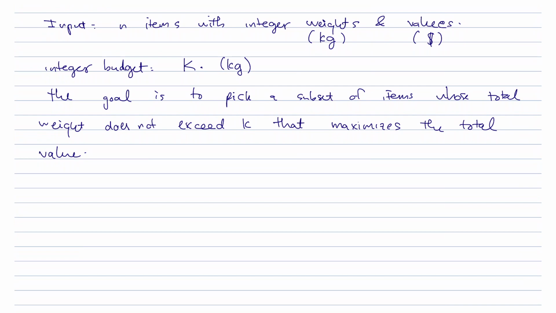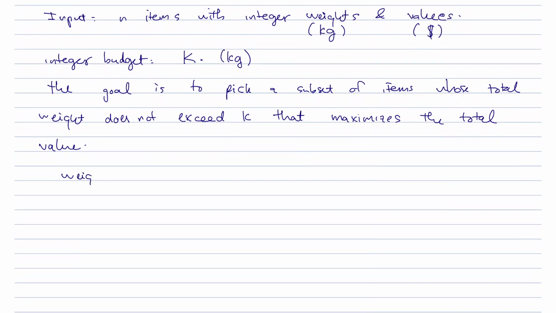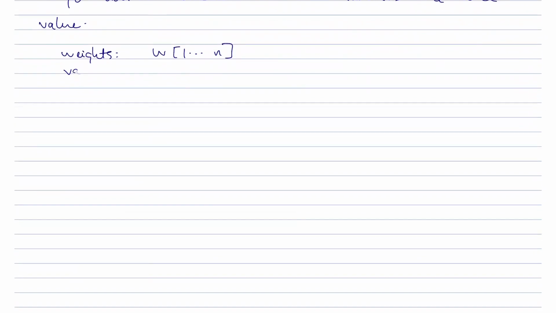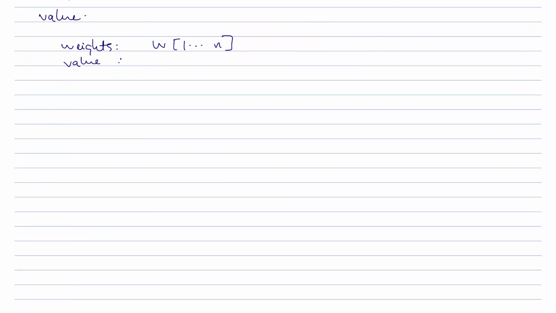Okay, so we can let the weights be stored in the vector w, and the values be stored in the vector v. So how do we solve this problem? Let me define the subproblem.